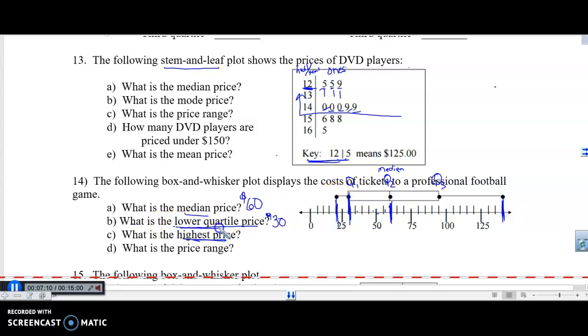But this says lower quartile price. This was the lower quartile. All right, the highest price is, let's see, this is 125, 130, 135, 140. And then the price range: we're going to take this 140, the high price, and subtract the low price, which was 20. So the range would be $120.